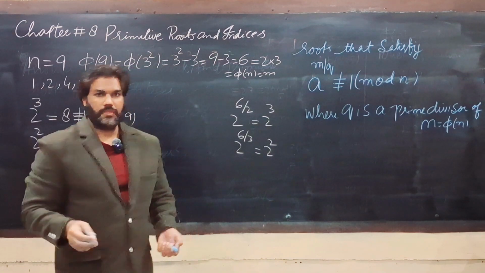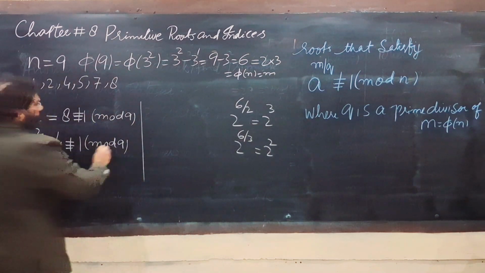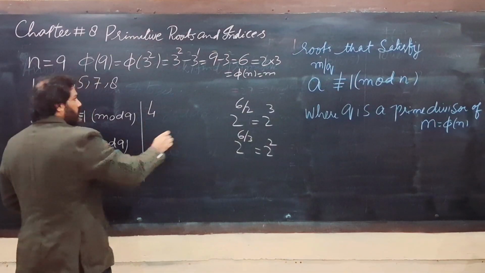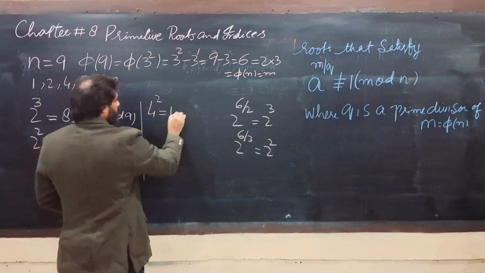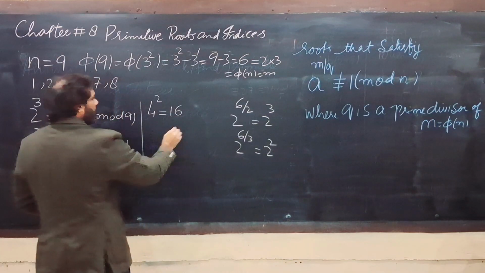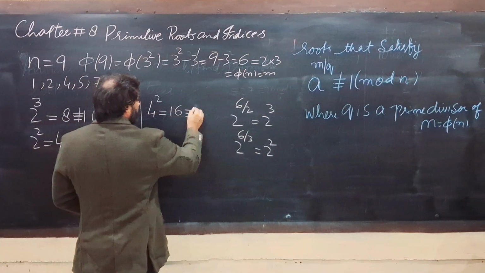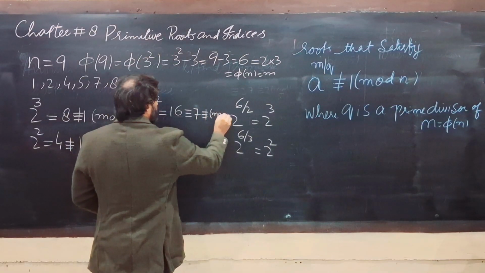So this is a very simple criterion. Suppose next we check 4. Take the first power, 4 square, which is 16. When you divide 16 by 9, the remainder is 7, so this is not congruent to 1 modulo 9.